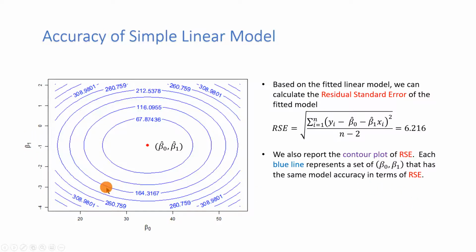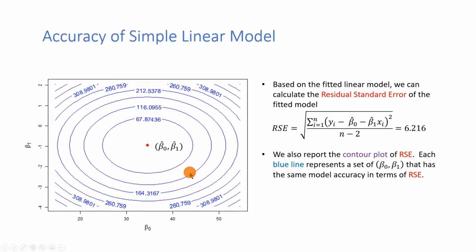And each point on this two-dimensional plot is the residual standard error value corresponding to a given pair of beta 0 hat and beta 1 hat. And we use these blue solid circles to indicate the pairs of beta 0 hat and beta 1 hat which have the same residual standard error, right?